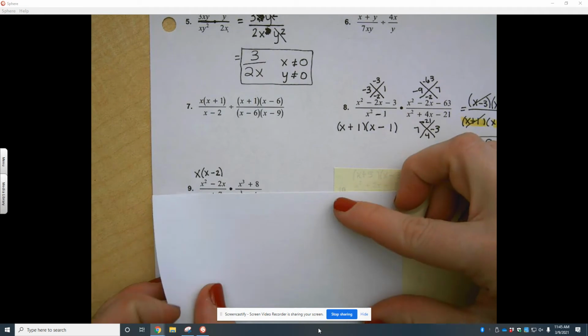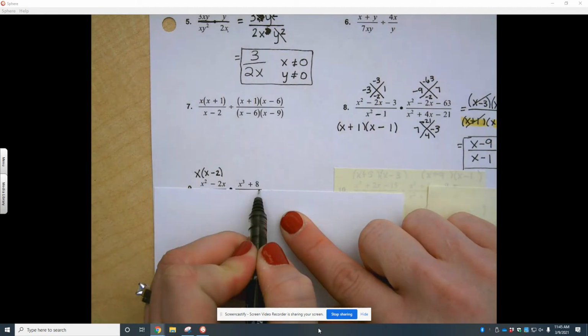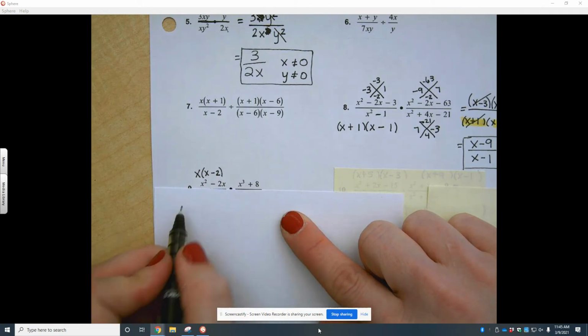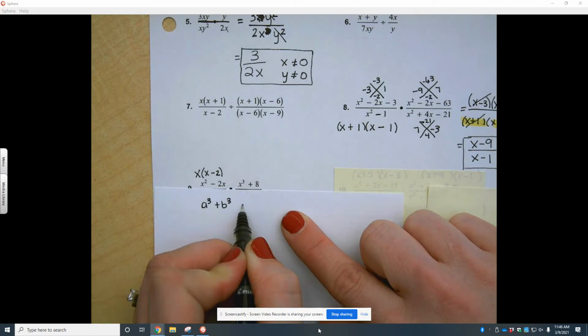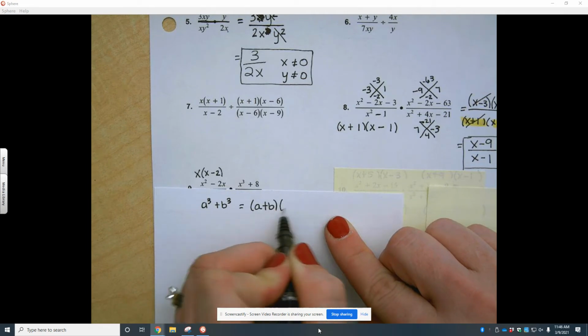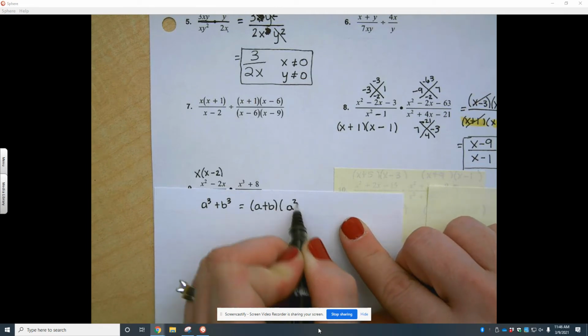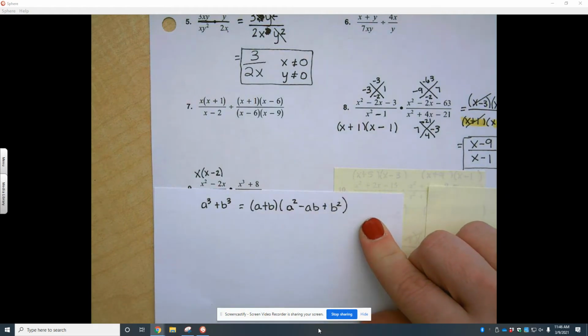If these can both be cube rooted, so this obviously can, and then 8, 2 to the 3rd, we can use the addition in between. So we have a to the 3rd plus b to the 3rd, and then my rule, again from your sheet, is this. So I can follow through with this.